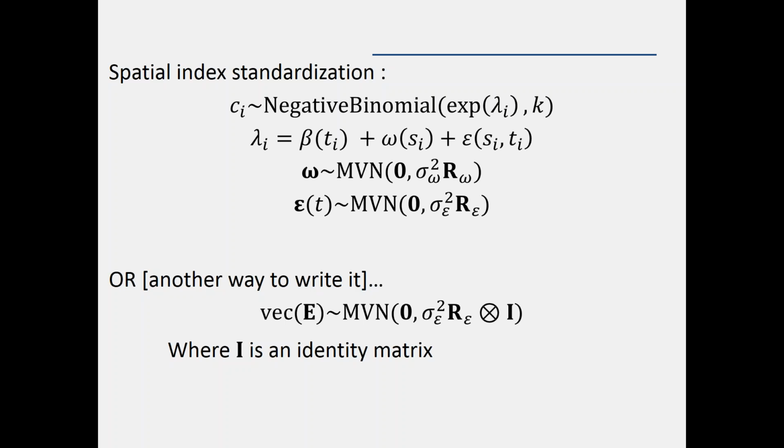If you take that matrix and turn it into a big vector using the vec operator, it's going to have a covariance matrix with dimension equal to the number of sites times the number of years. And as we started talking about, I think in week 5, you can generate that joint covariance matrix as a Kronecker product of two different matrices, one with dimension number of sites by number of sites, and the other number of years by number of years.